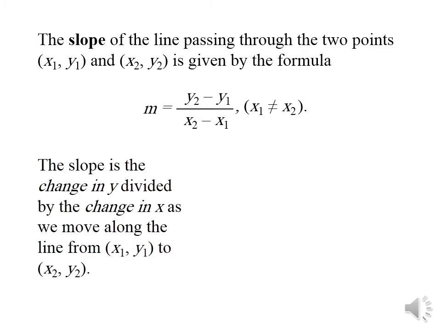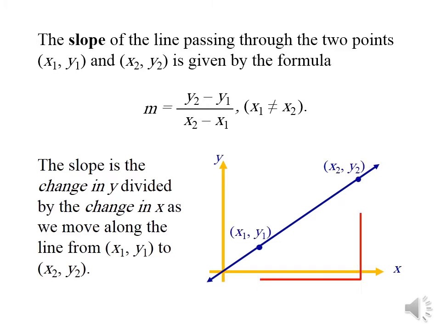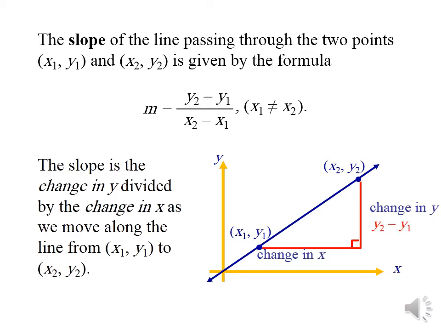Right. y2 minus y1 represents the vertical change, or the change in y, over x2 minus x1, which represents the horizontal change, or change in x.